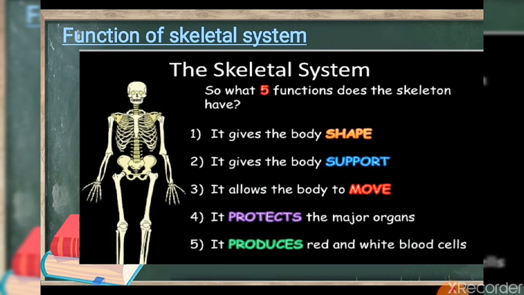What are the main functions of the skeletal system? See, it gives body shape. As I have told you, as the hanger gives shape to the shirt, in the same way the bones give shape to our body. It gives shape and support to the body so that we can stand erect. If we don't have bones, we cannot stand erect. We are like a jelly.